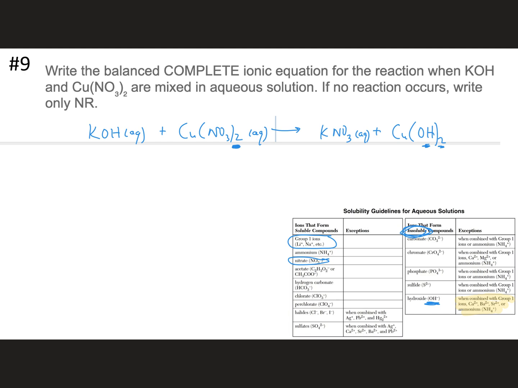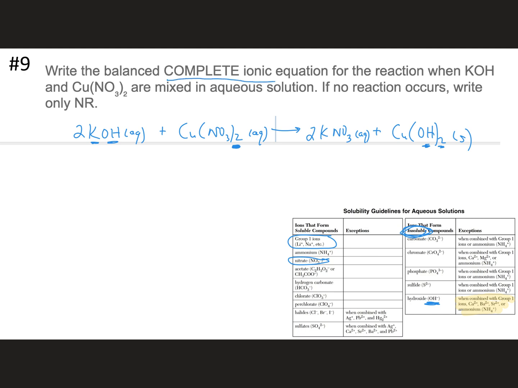Copper is not a group 1 metal, which means we're going to precipitate copper hydroxide from solution. Now let's balance this equation. I'm going to have 2 nitrates, so I need 2 potassiums to balance out my potassium nitrate. Now my hydroxide is balanced, my potassium is balanced, my nitrate is balanced, so we've got a balanced equation.